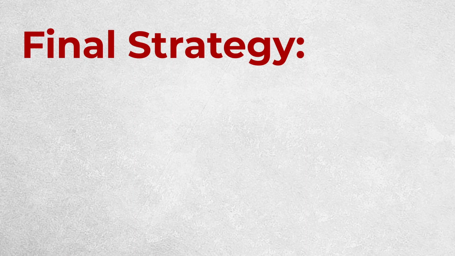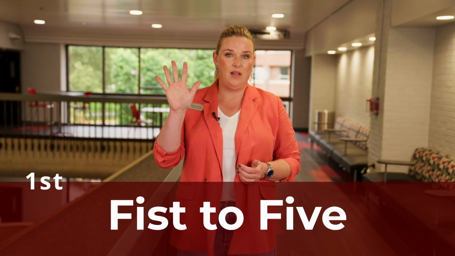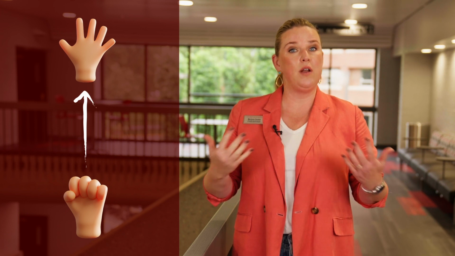The final nonverbal engagement strategy is hand signals. The first type of hand signal that can be easily incorporated in any lesson is called fist to 5. In this strategy, students respond using a Likert-type scale with their hands. A closed fist indicates 0 understanding or knowledge, and each raised finger indicates an increased understanding or knowledge level.